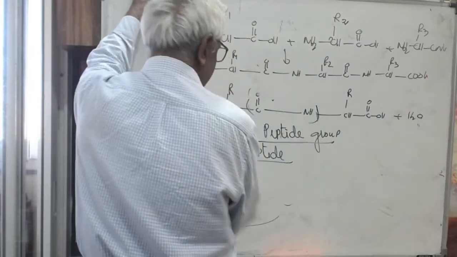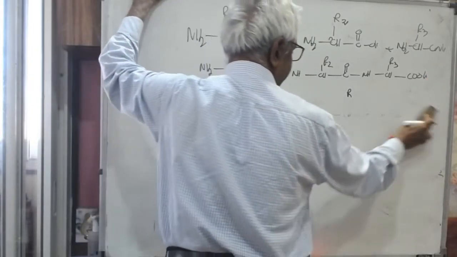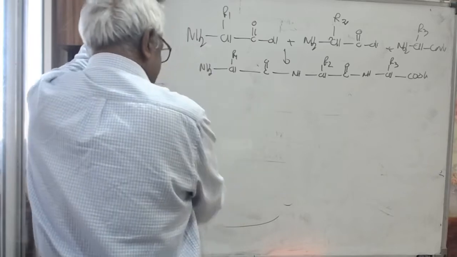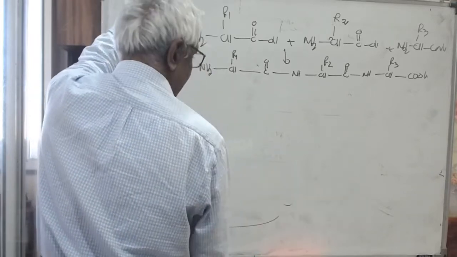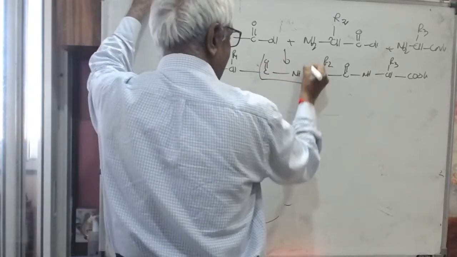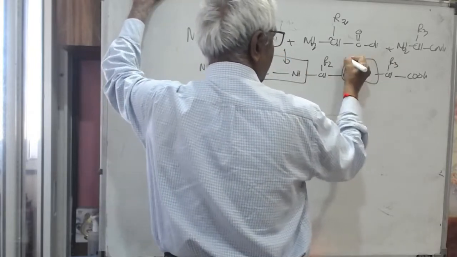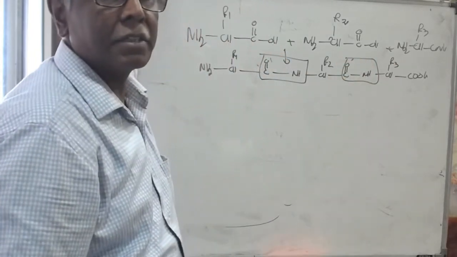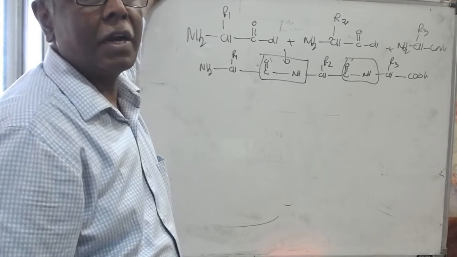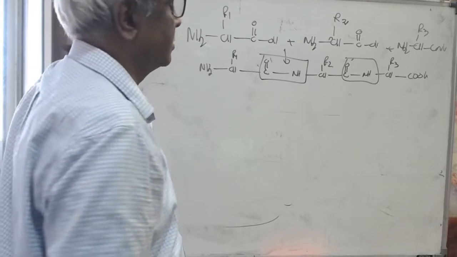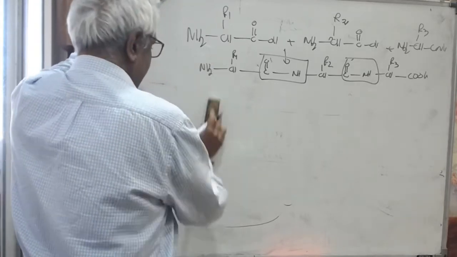How many peptide groups does it have? A dipeptide has one peptide group. A tripeptide has 1 and 1, 2. A tetrapeptide has 3 peptide groups. A pentapeptide has 4 peptide groups.